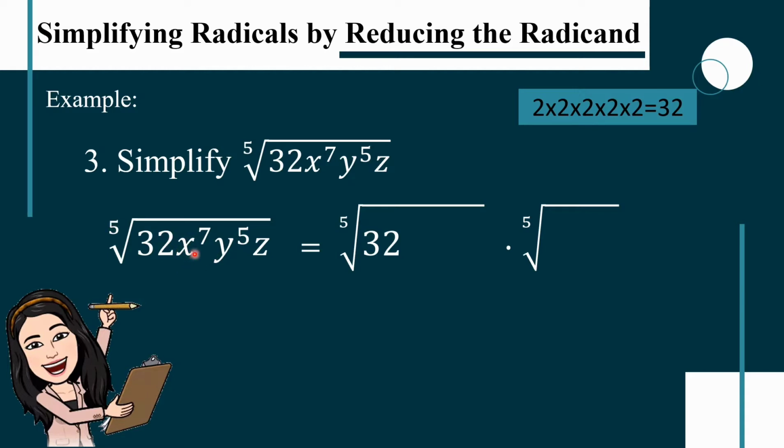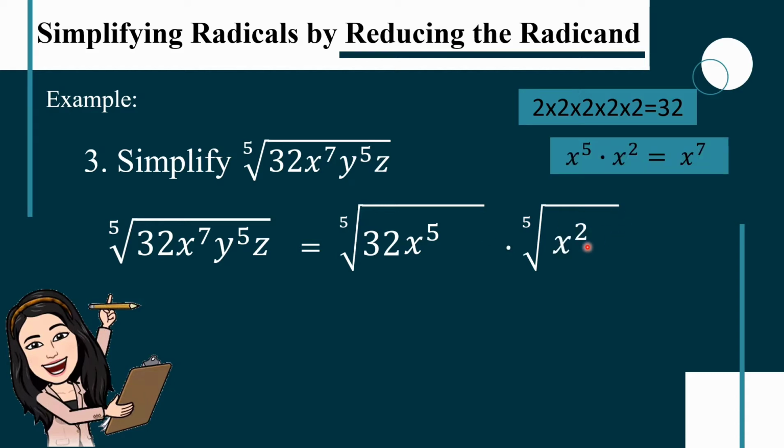So, ang 7 ba ay pwedeng i-divide kay 5? Exactly? Hindi po. Pero, meron ba tayong 5 sa 7? Yes, meron po. So, therefore, pwede nating paghiwalayin yung x raised to 7 into x raised to 5 at ang isa ay x raised to 2.